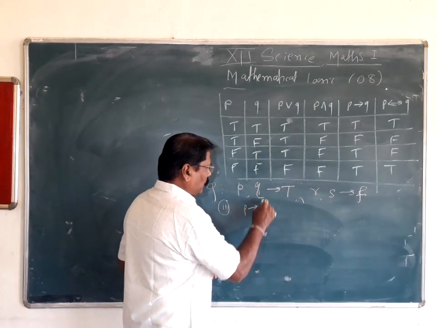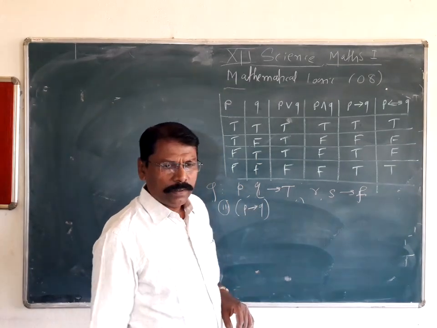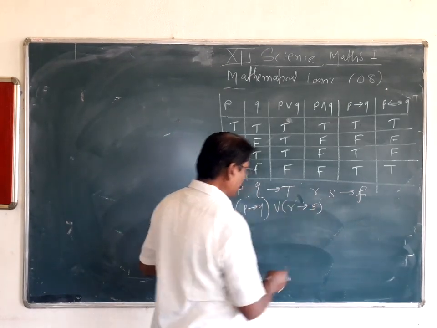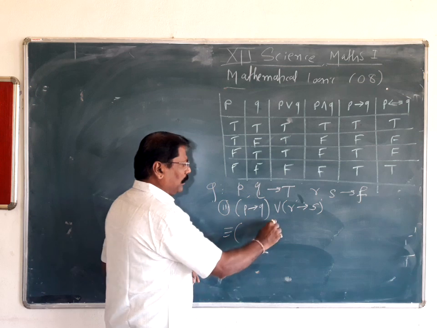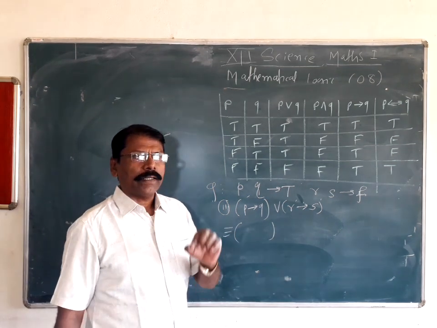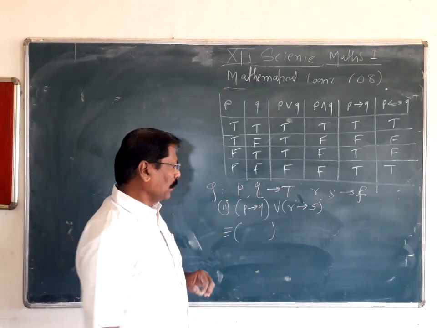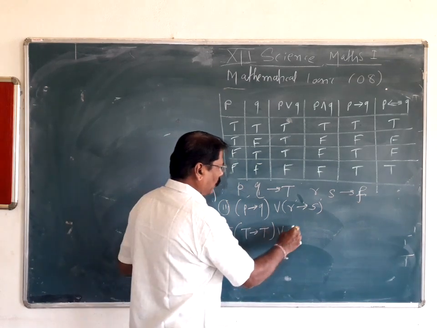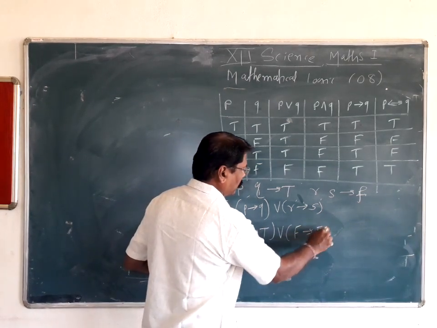Second example: (P implies Q) or (R implies S). Now listen carefully. Write the truth values: that is (T implies T) or (F implies F).